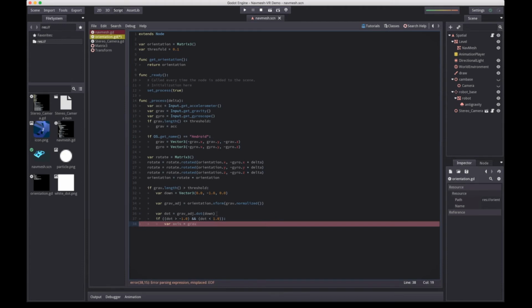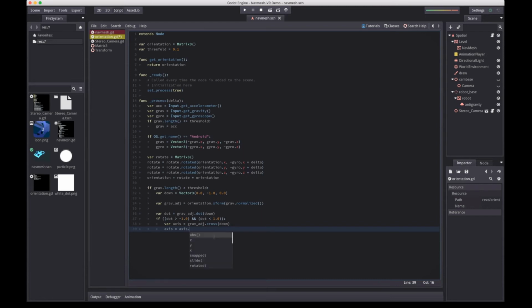So the second thing that we are going to do, we just got the dot product, which gives us the cosine of the angle between those two vectors. We're also going to take the cross product of these, which gives us a vector perpendicular to these two vectors, and that gives us an axis around which we can rotate our orientation to correct for this. So again, just in case, we always have to normalize these vectors, or else we get issues with our code.